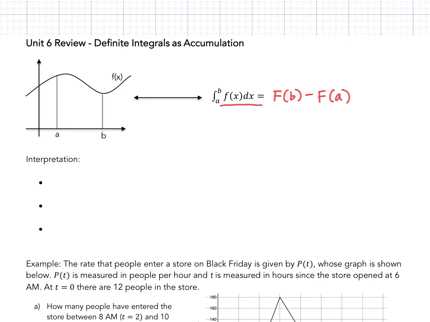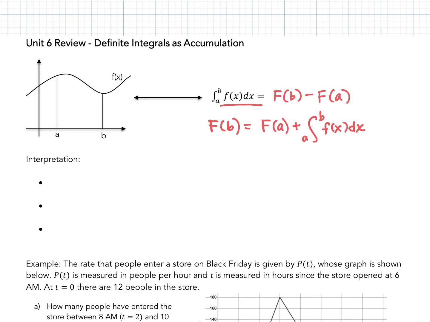If we isolate F of b, we get that capital F of b alone is capital F of a plus the integral from a to b of the lowercase f of x function. That's the fundamental theorem of calculus.